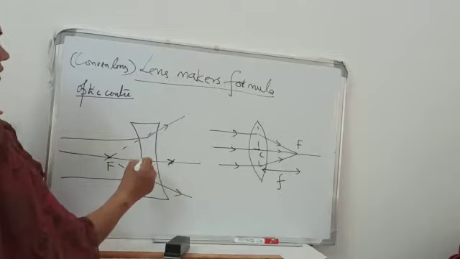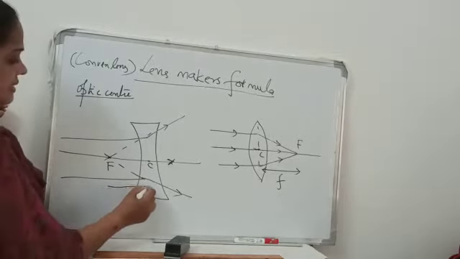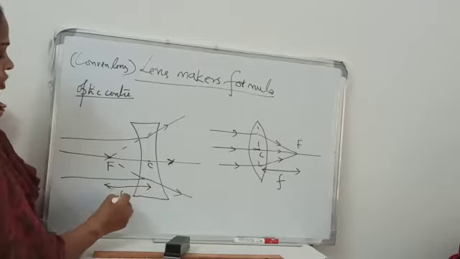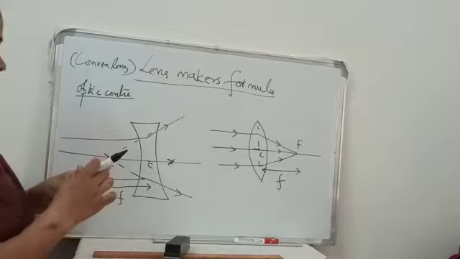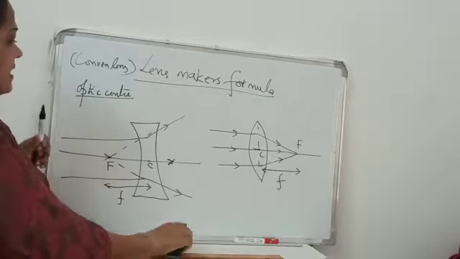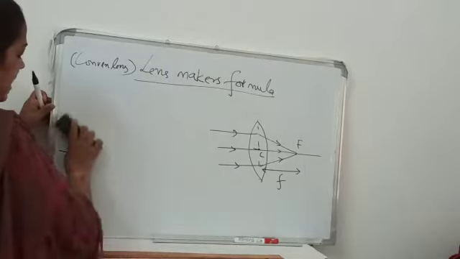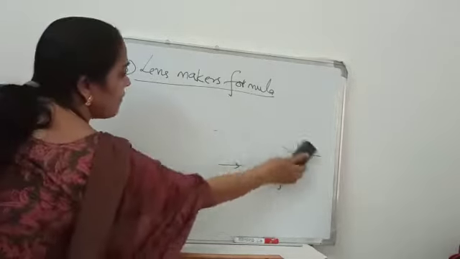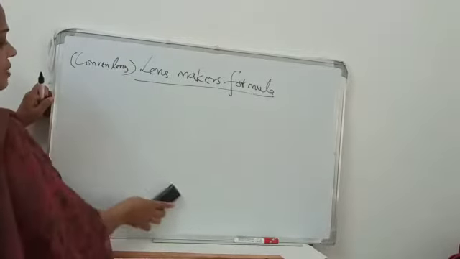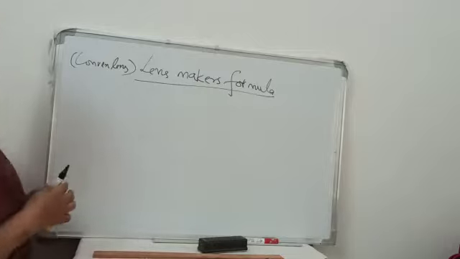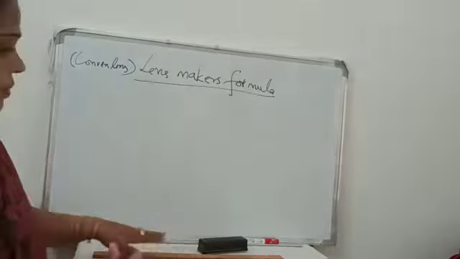This point is called the principal focus, and this distance is called the focal length, which is negative for a concave lens. Now, the sign conventions which we have used are the same for both convex and concave lenses, as used for mirrors. The assumptions that we used in the last class will be applicable for this figure also.